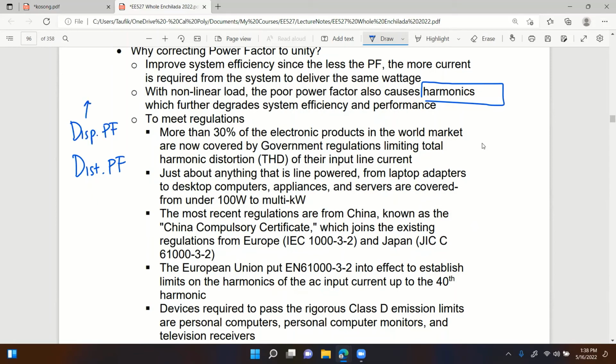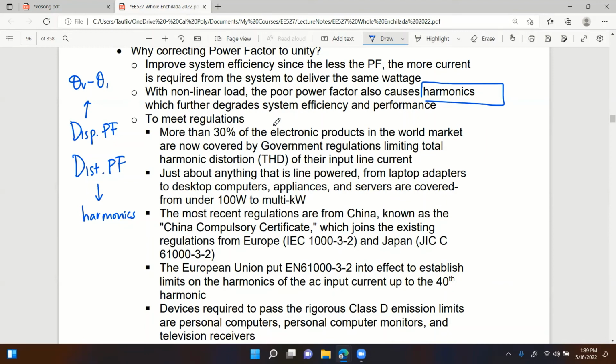Displacement is the one that you get from theta v minus theta I. Distortion is what you get from harmonics. So if you can improve the distortion power factor, then you could also improve the overall power factor of the system. Less current required for the same amount of watts.